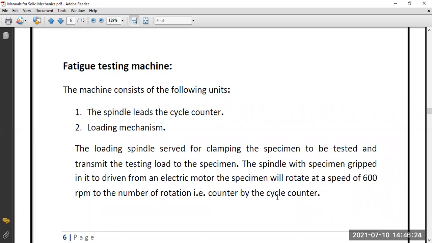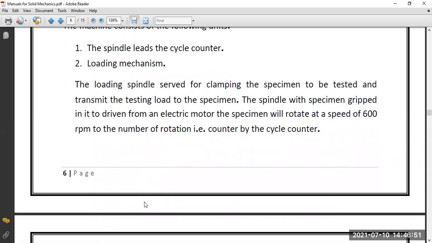So what you do is fix the specimen in a vice-like gripper and drive it with the motor. The number of rotations is counted by a cyclic counter.